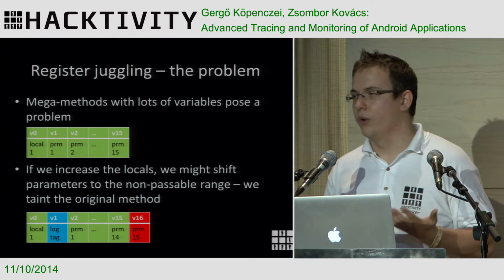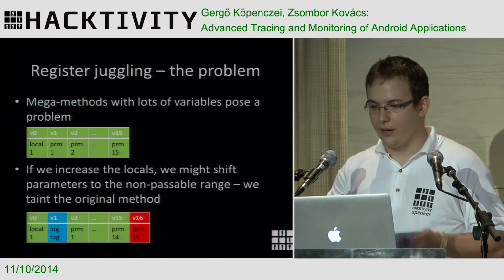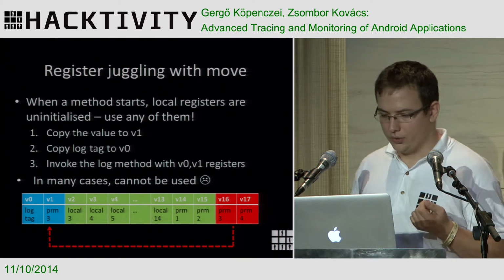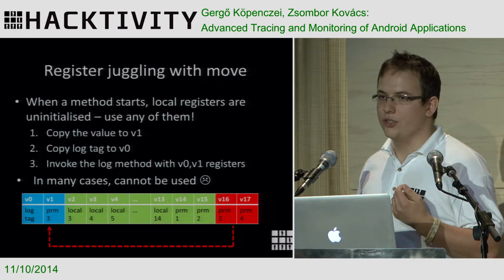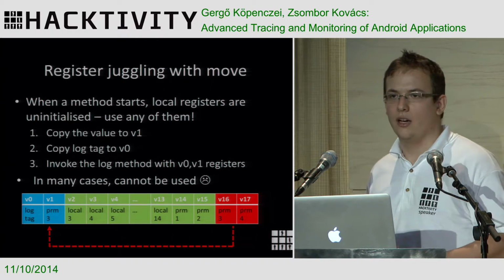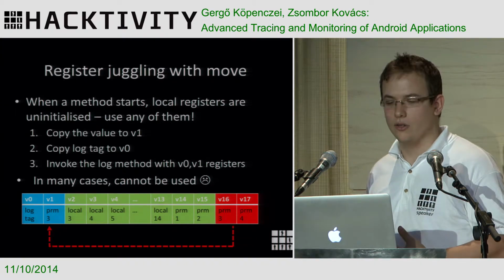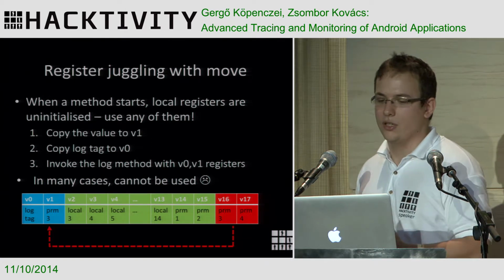So we came up with two different approaches to solve this problem. And the first one was, at the beginning of any method, all the local registers are still uninitialized. So if we override them, we don't cause any harm in the whole process of the method, because they are eventually going to be overwritten by the original code.